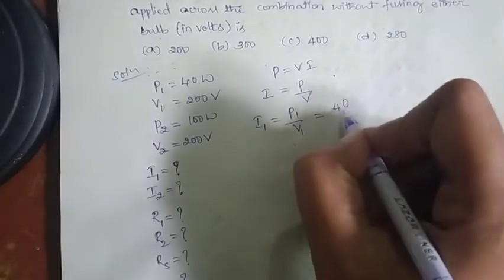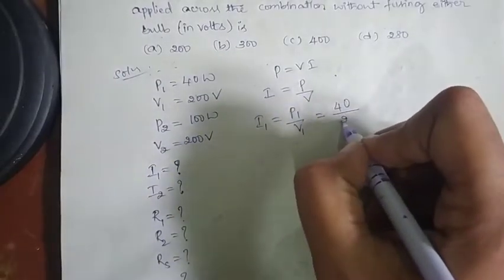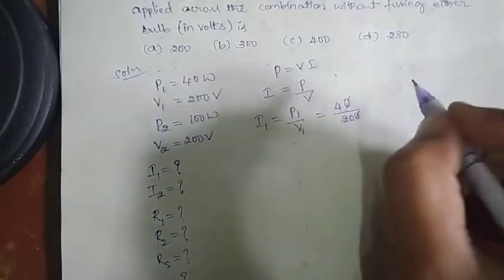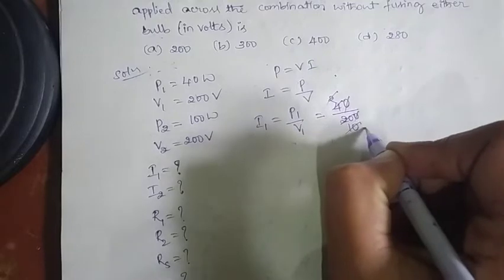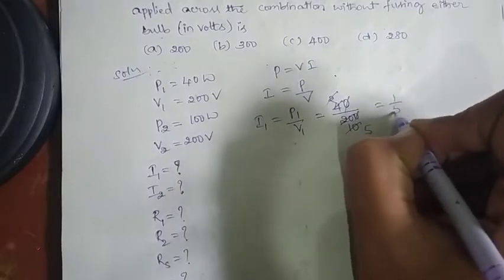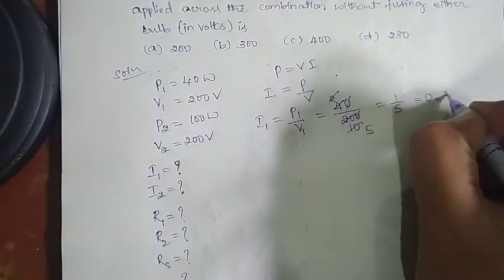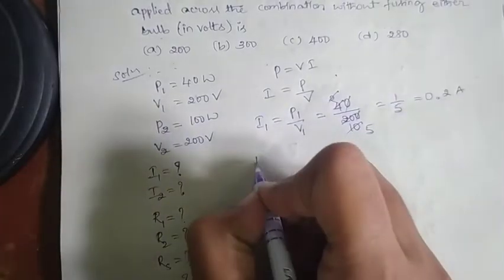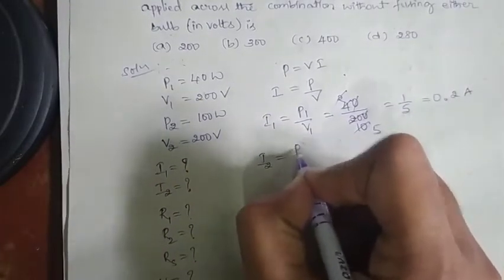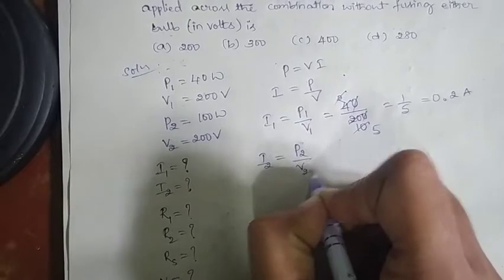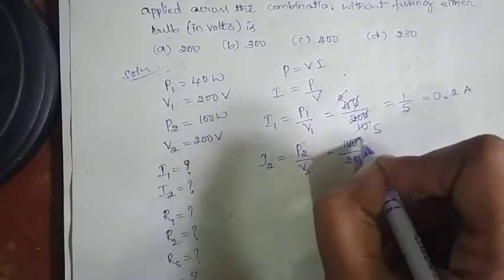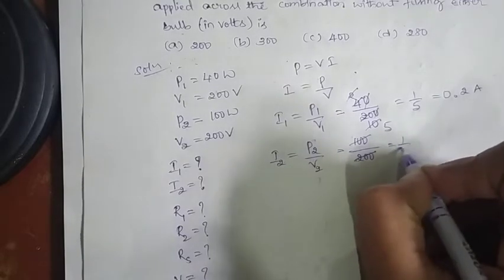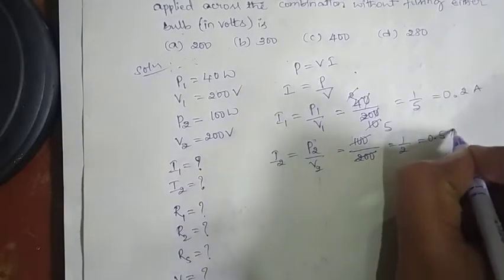P1 is 40 watt divided by 200. 0 cancels, 2 2s are 2, 2 10s are 2, so 2 by 10 means 1 by 5. 1 by 5 is equal to 0.2 ampere. Similarly, I2 equals P2 divided by V2. P2 will be 100 watt divided by V2, which is 200. 1 by 2 will be 0.5 ampere.